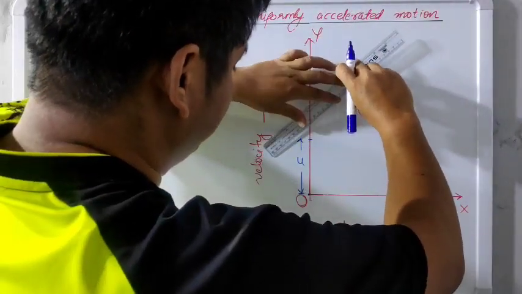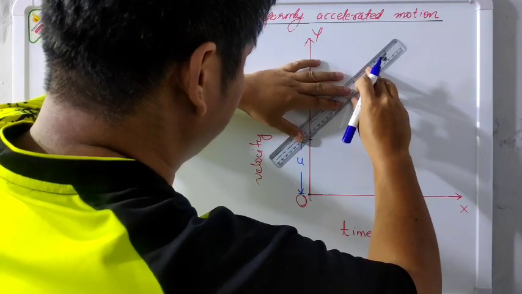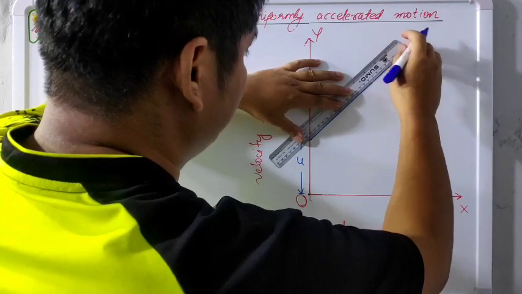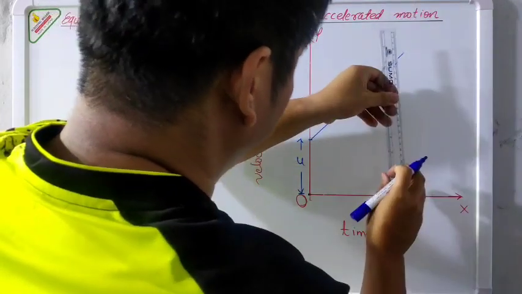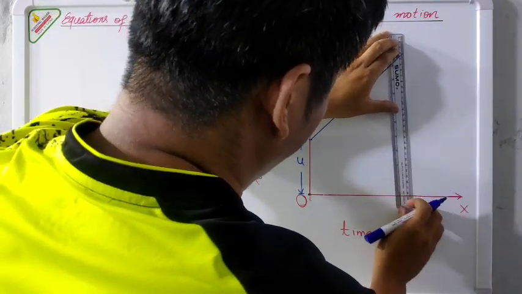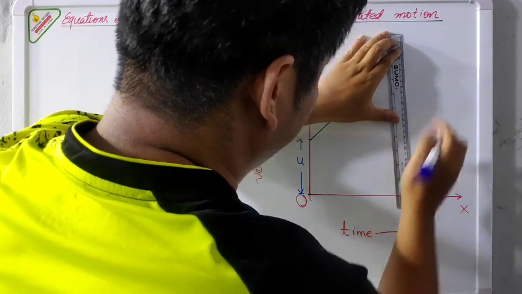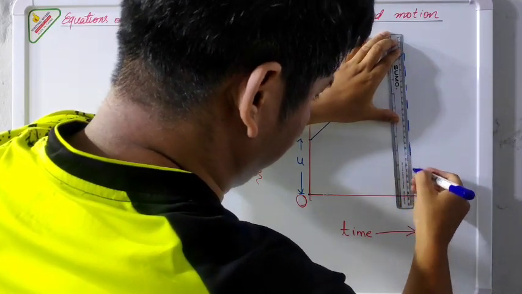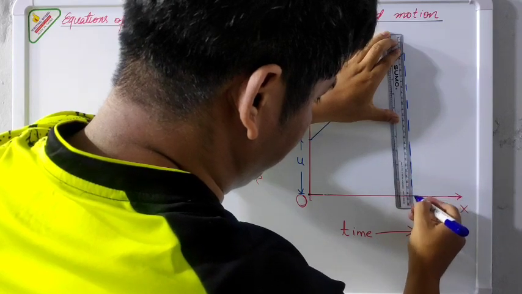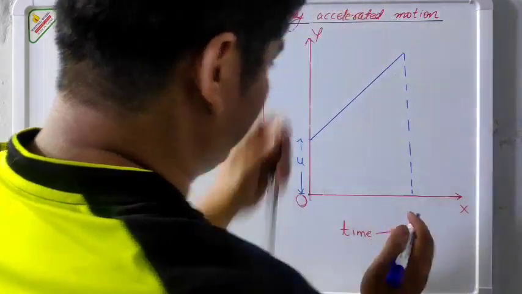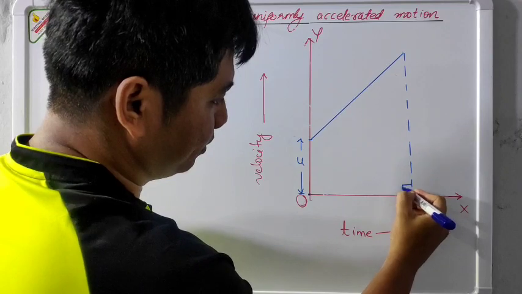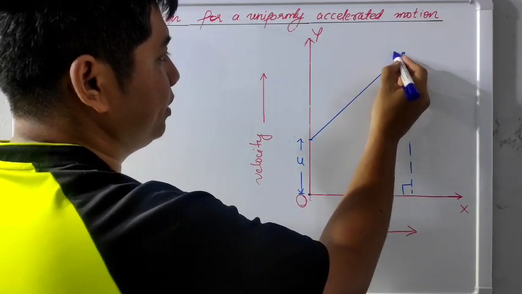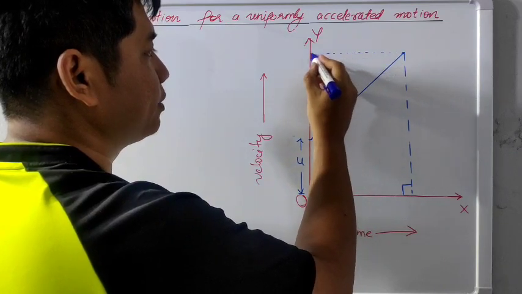It accelerates, which means the speed increases. It increases to v at time t equals t. When the time taken is t, the velocity becomes v. Here, the velocity will be v at this point.